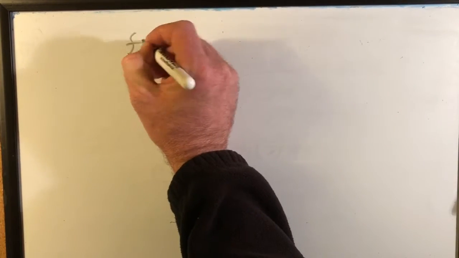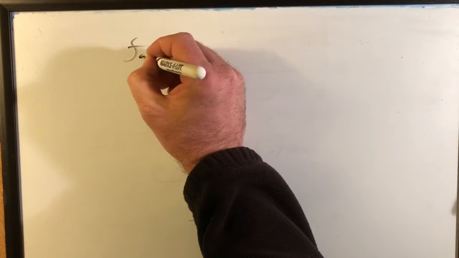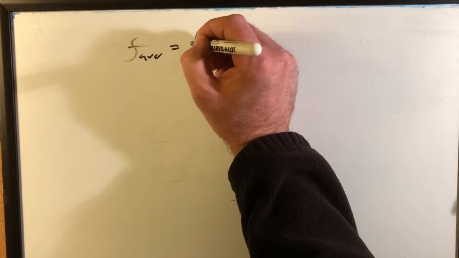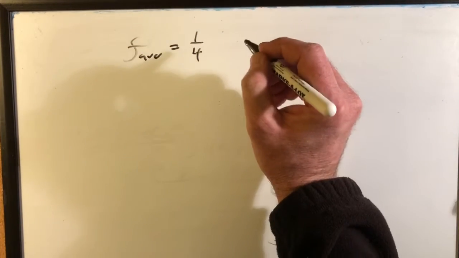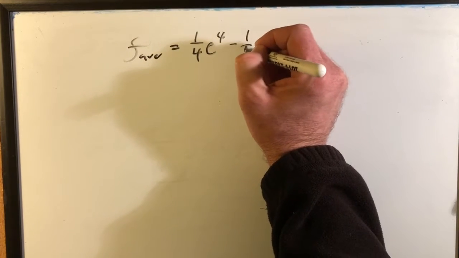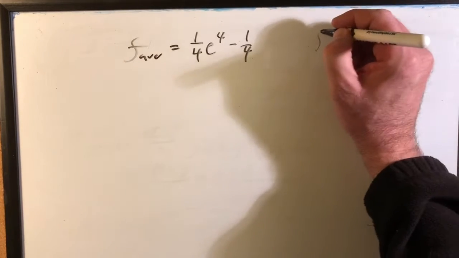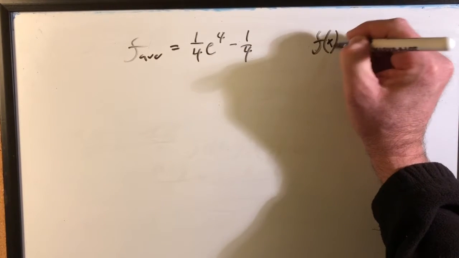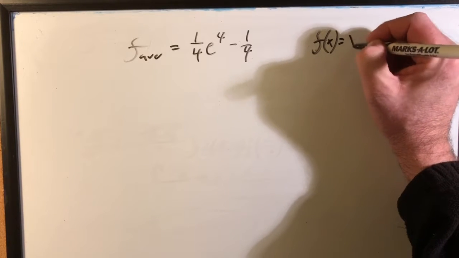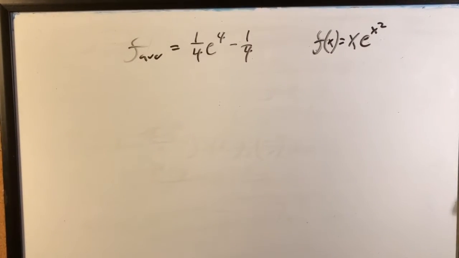Okay, so my f average equals 1/4 e to the 4th minus 1/4. My original function is f of x equals x e to the x squared.